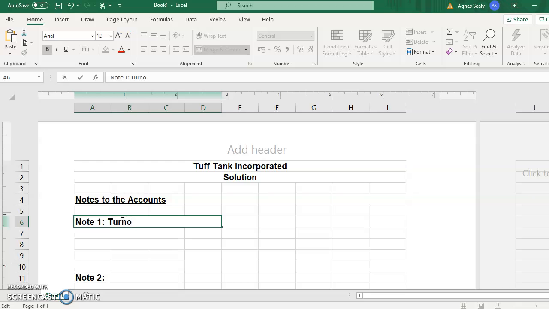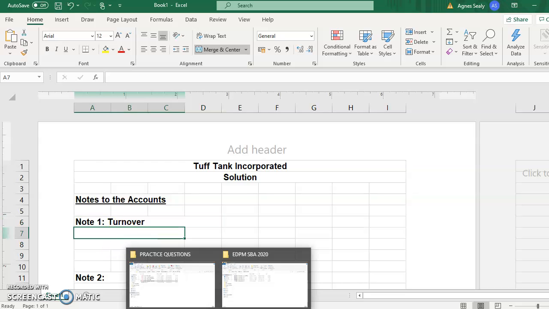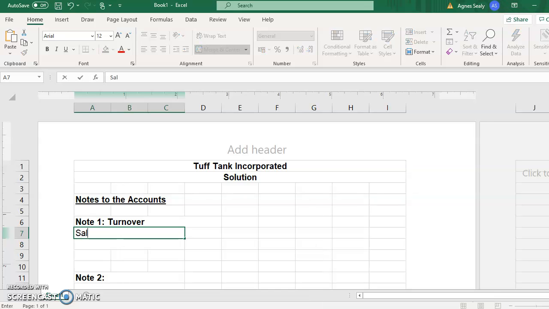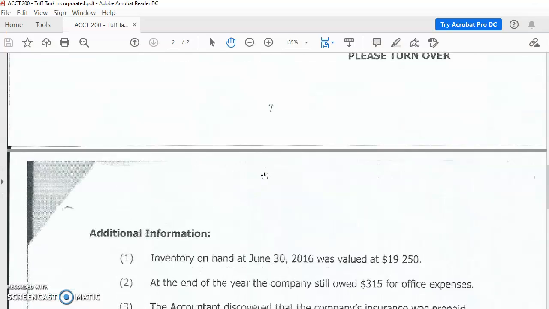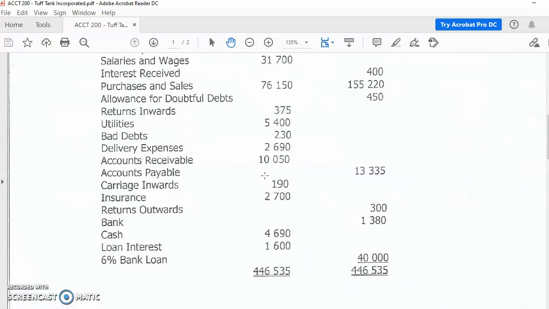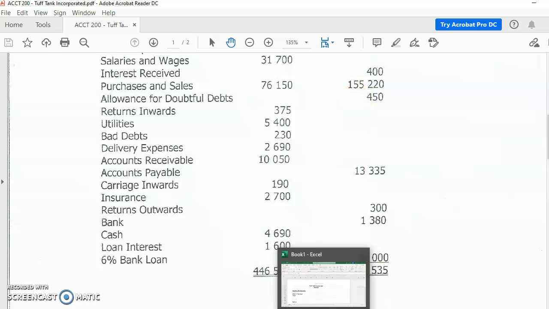So turnover, this is my note 1, and my turnover is my sales. So let's see what the sales figure is. Our sales figure from our trial balance is $155,220. So let's go back and put that in.